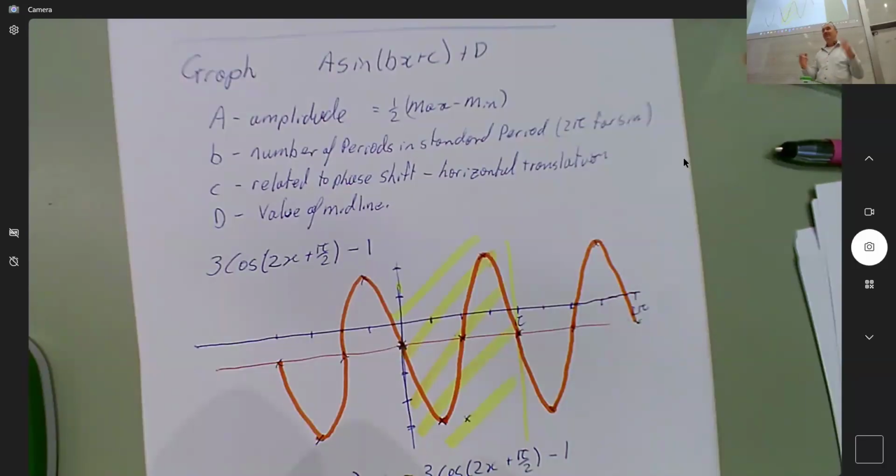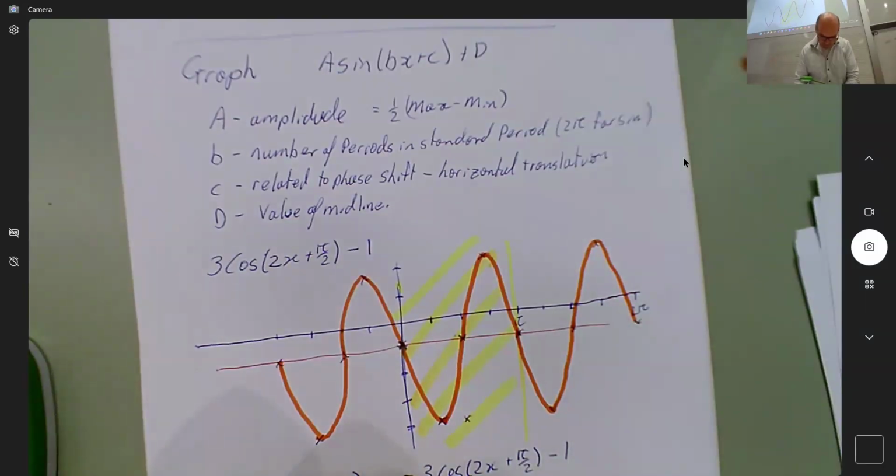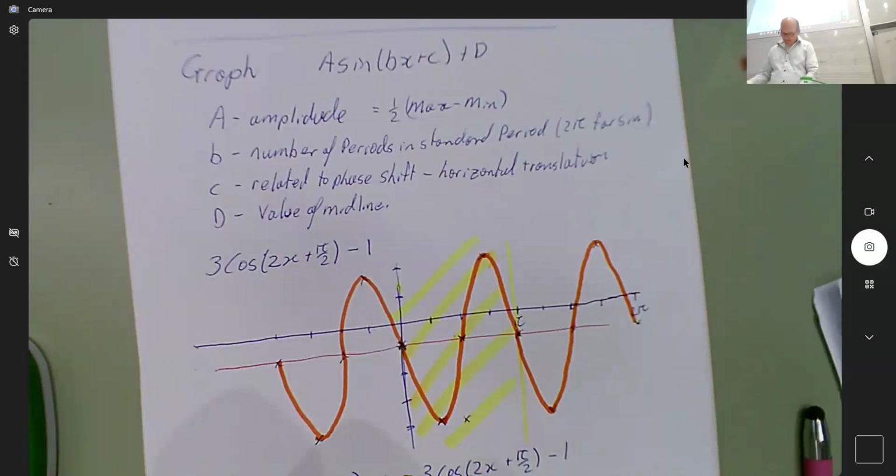Period is also a distance. So period is equal to 2 pi divided by 2, which is equal to pi. Okay, what else could happen? That's that. Oh, derivative. Okay, sure. So that's the sort of process we think about.